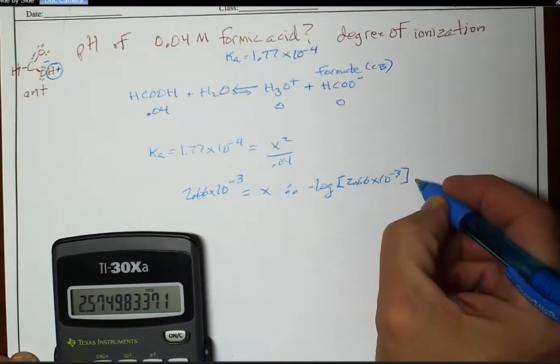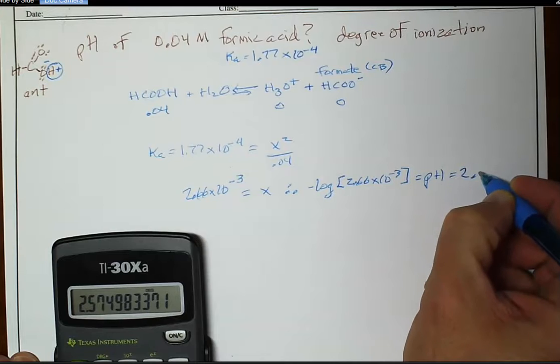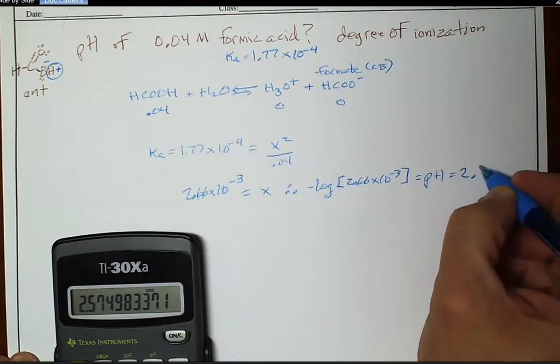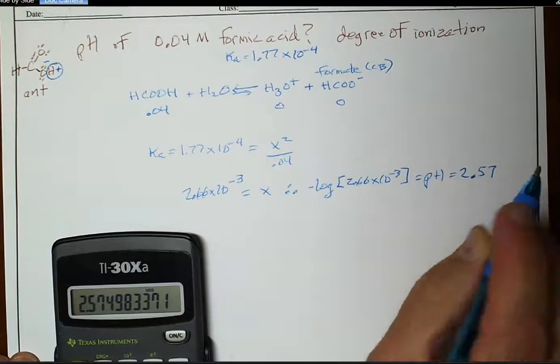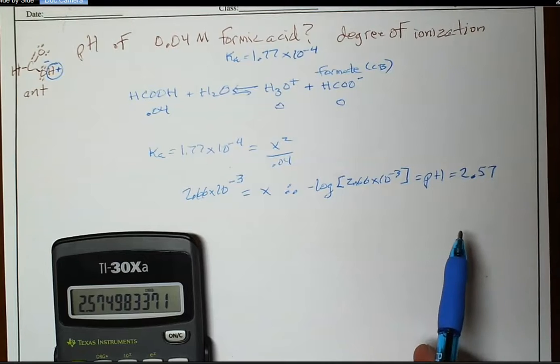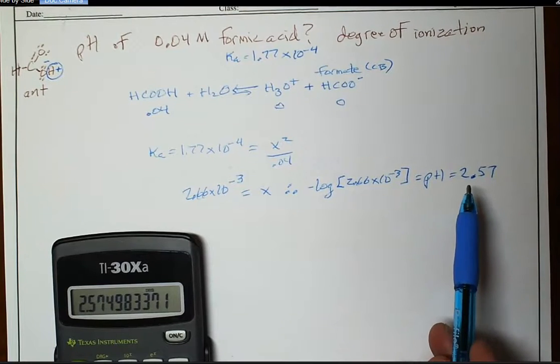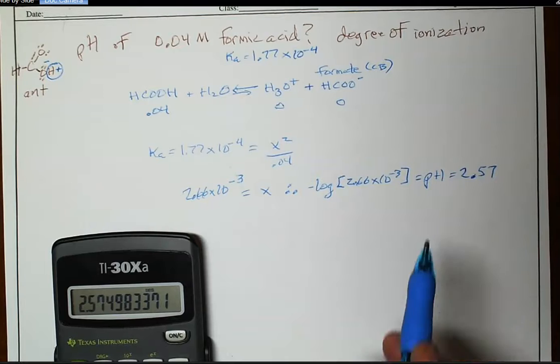So that equals the pH, and it equals 2.57. I went too far off; I said 2.6, and 2.7 was off a little too far, but oh well. Okay, so that's what we get. The pH of this is 2.57.